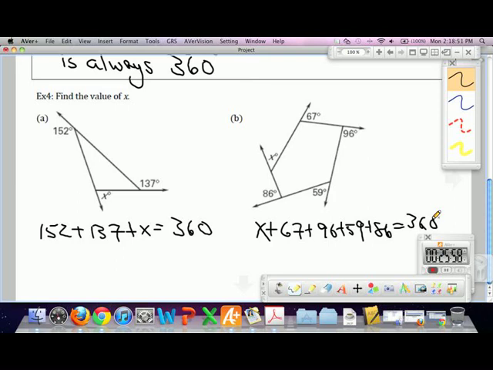It decreases. It has to. The more sides you add, the size of the exterior angles should shrink. It has to go down because if you keep adding up a bunch of numbers and the total stays the same, that means every individual piece must get smaller as the number of sides gets added.